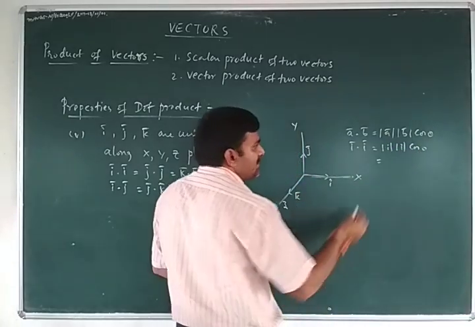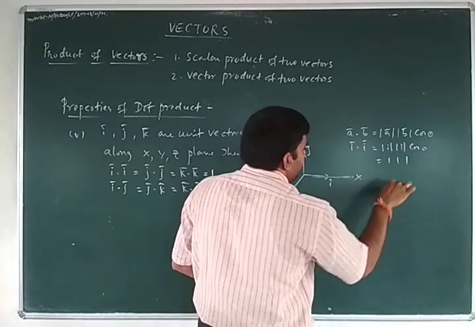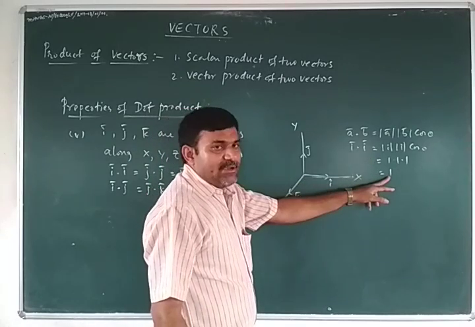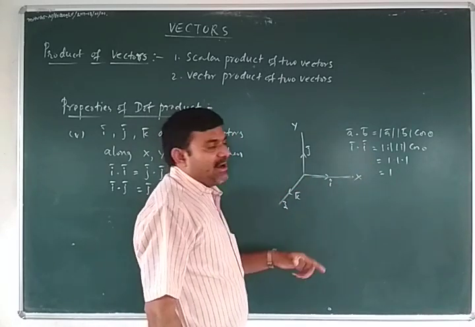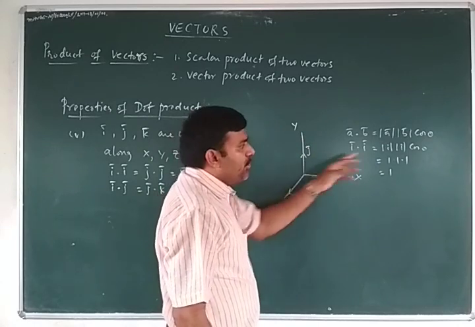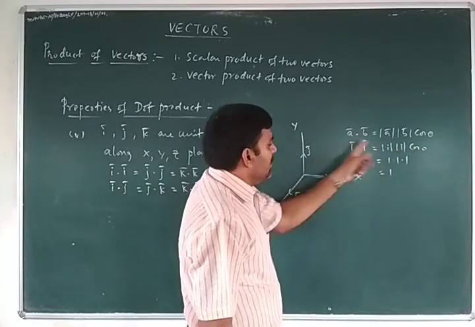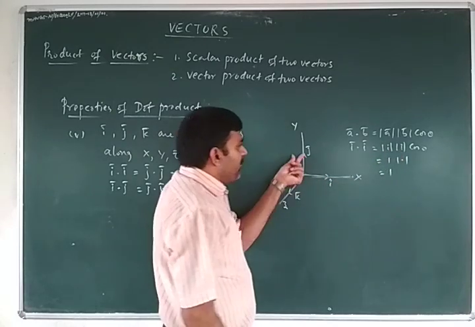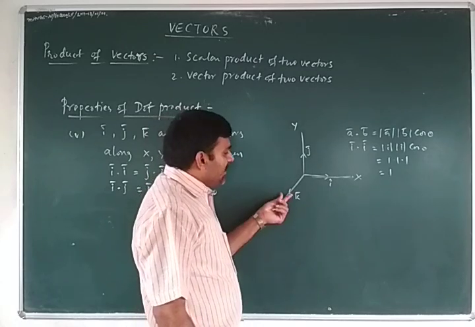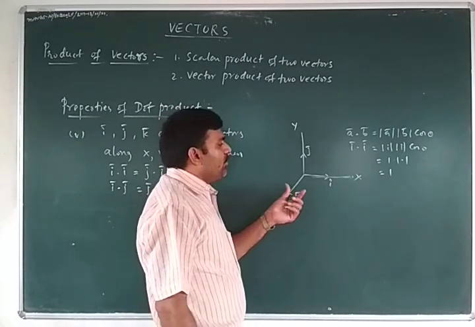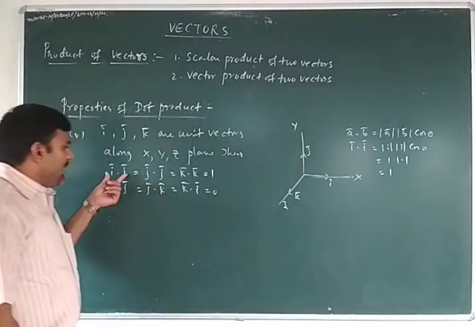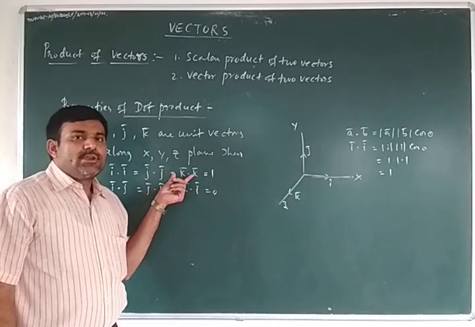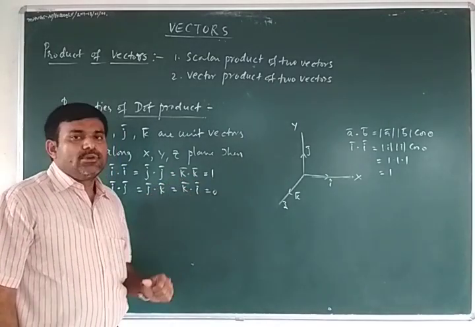It is a unit vector, so 1 into 1 into cos 0, which is 1. Therefore I bar dot I bar is equal to 1. Similarly for J bar, the angle is 0, cos 0 is 1, and its magnitude is 1, so J bar dot J bar is 1. Similarly K bar dot K bar is 1.